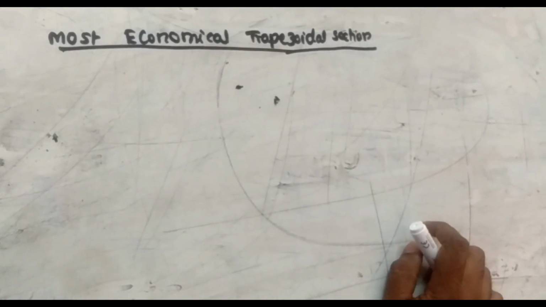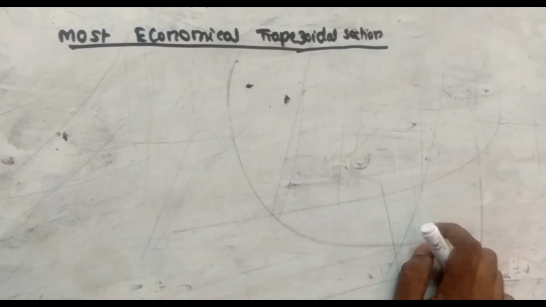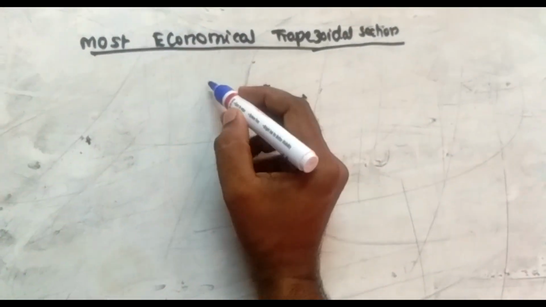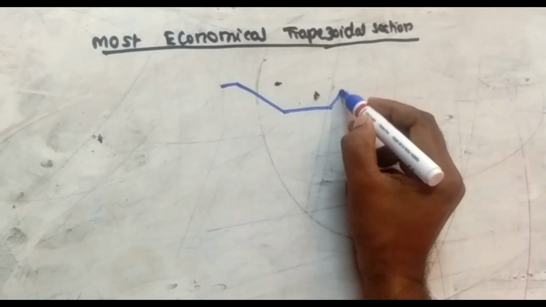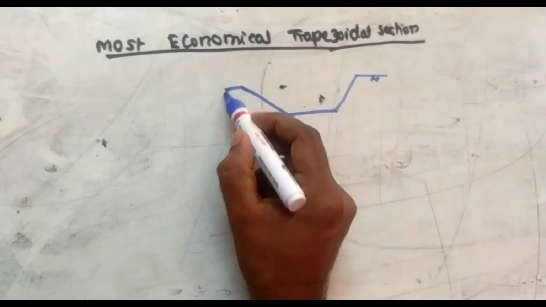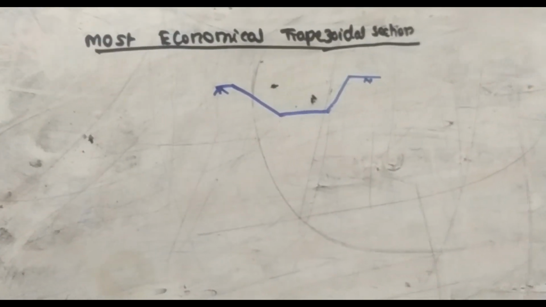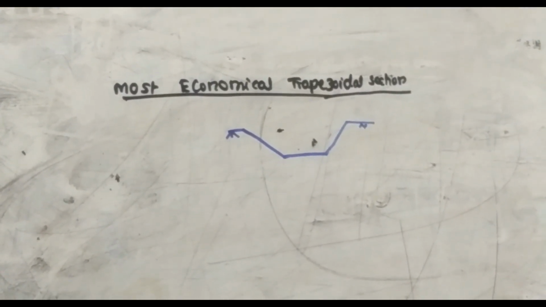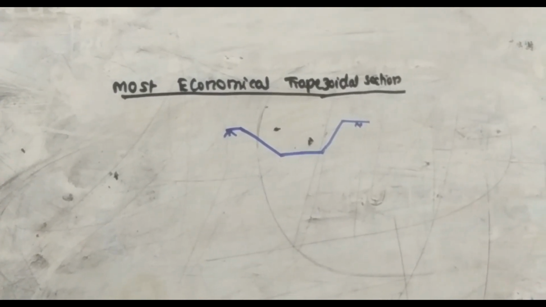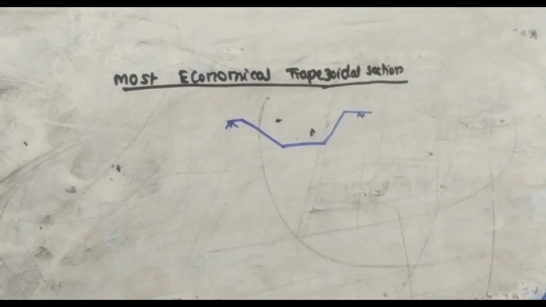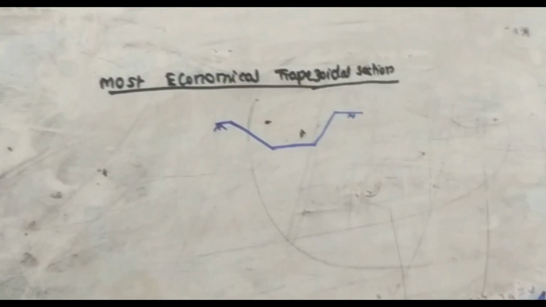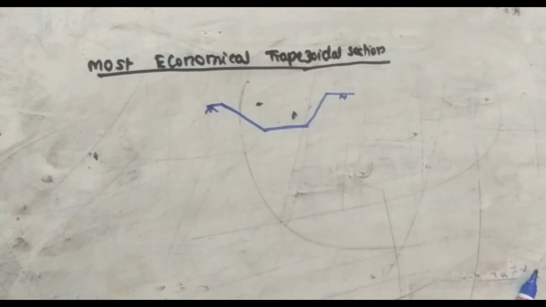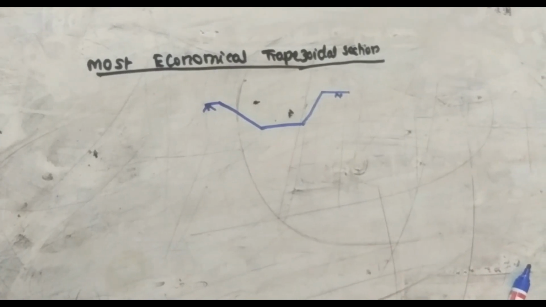So generally we are using the trapezoidal canal section. The shape of the trapezoidal canal section is this kind, with the ground level here. Many people use canals for agriculture and irrigation purposes. A canal runs throughout the village or city, diverting river water for irrigation.